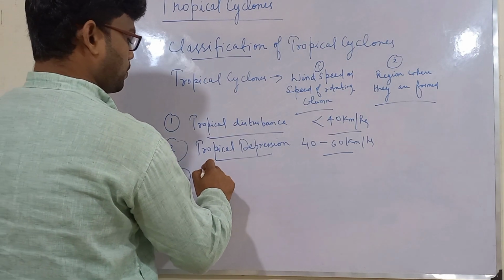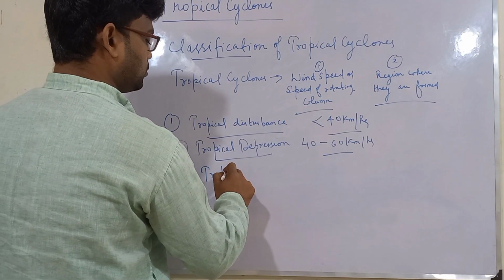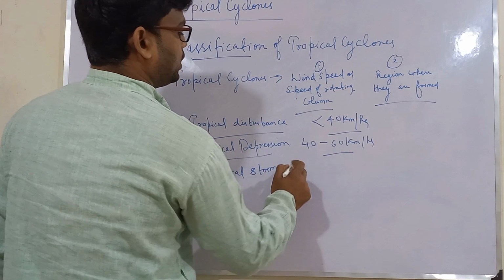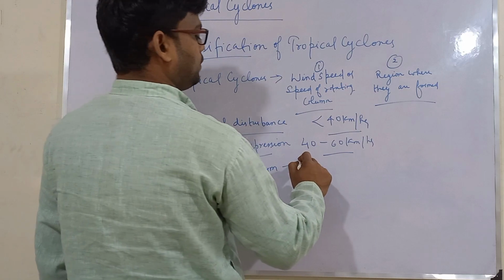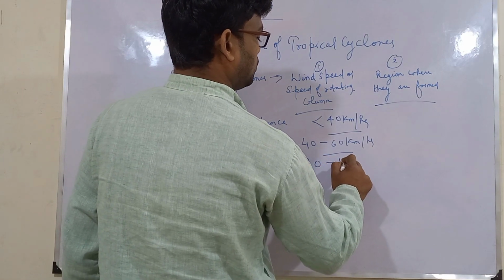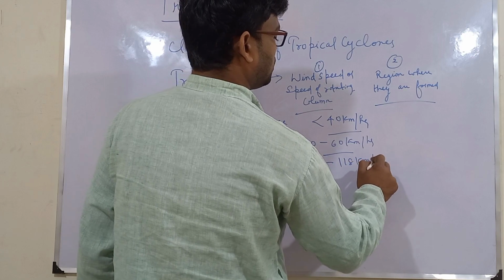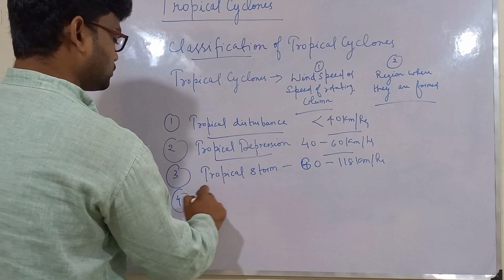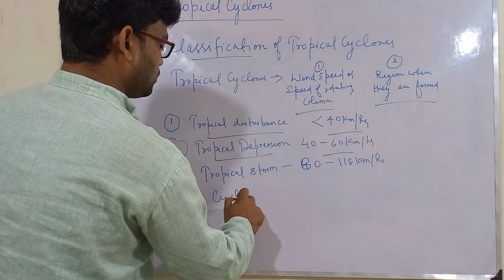Third one is tropical storm. It is called a tropical storm when the wind speed is between 60 to 118 km per hour. And the fourth one is cyclone.